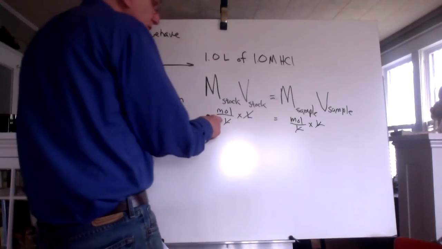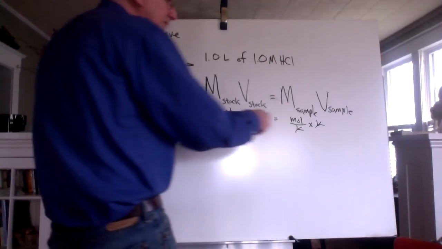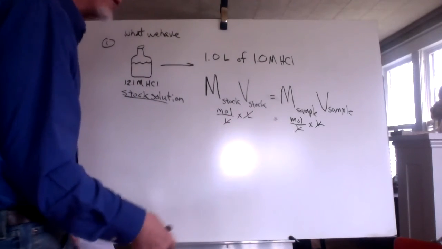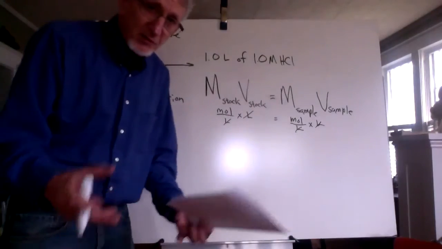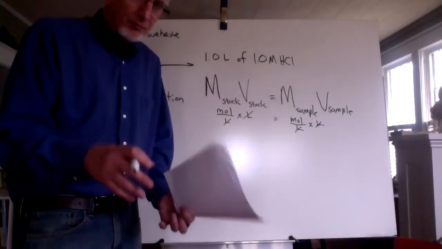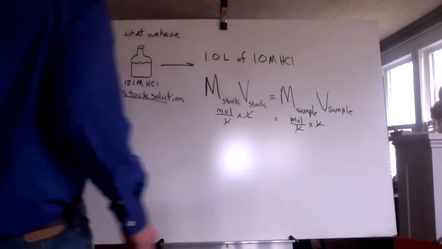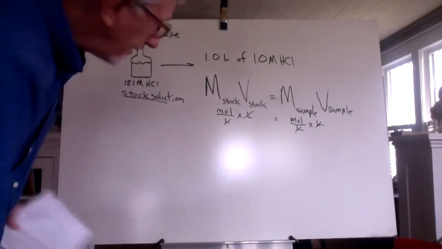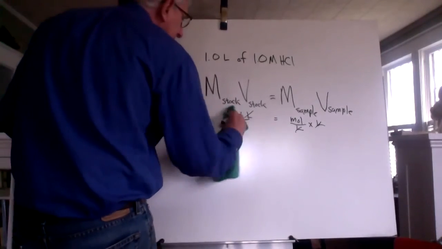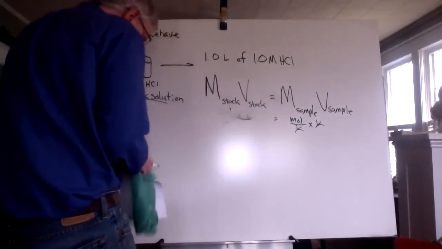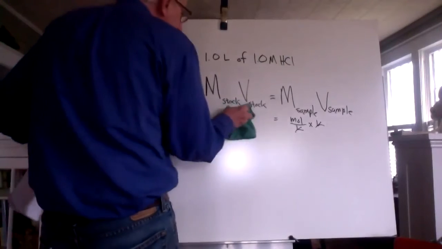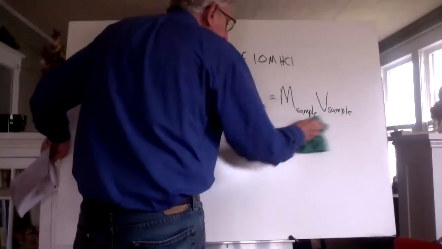So the moles that you start with from the stock solution have to be equal to the moles that you end up with in the sample, because diluting it, just adding water, is not going to change the number of moles of HCl. And that's why this equation works. This is your go-to equation: M1V1 equals M2V2.